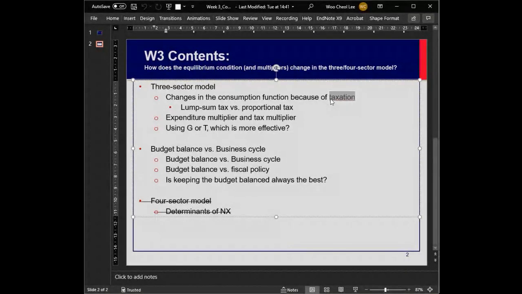Paying tax is easy to understand. Households pay tax after they earn a certain income, so the amount of consumption must decrease because of this tax.